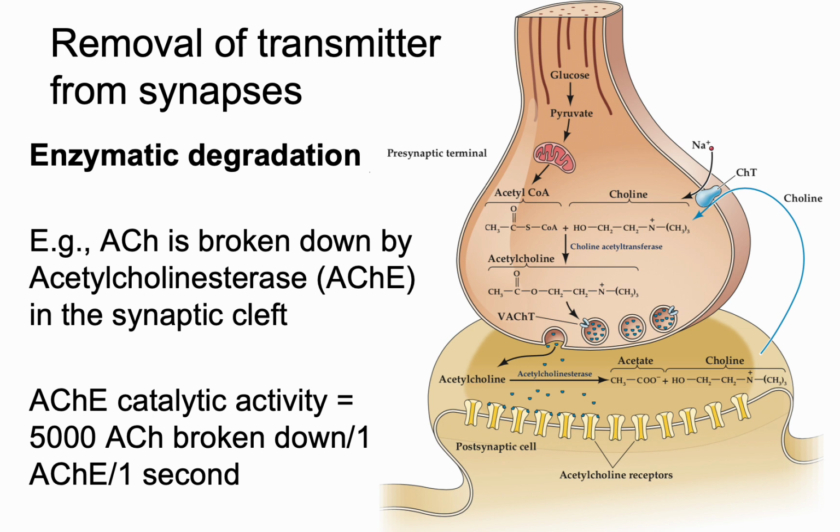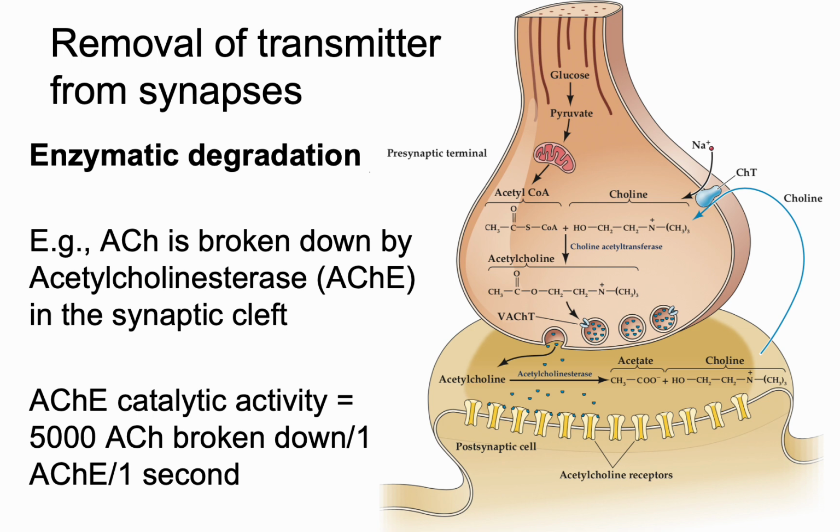And once acetylcholine is released into the synaptic cleft, acetylcholine esterase breaks down acetylcholine into acetate and choline, 2 different parts. Now that choline is recycled back into the presynaptic neuron through the choline transporter.